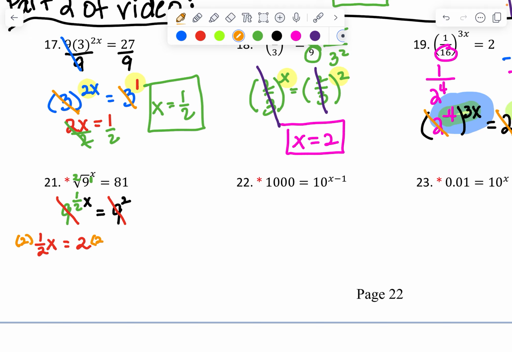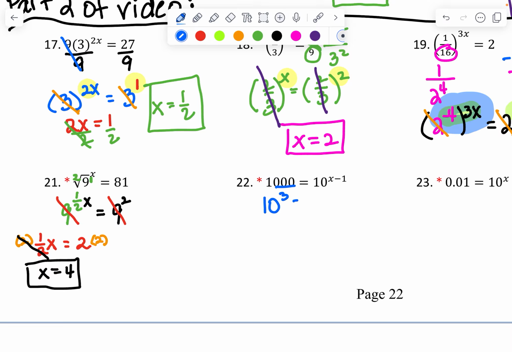This one looks a little scary, but this is the tens place, this is the hundreds place, so technically that is 1 over 100. Well, we don't want that crazy fraction, so we don't want to change that to a fraction. So really, 1 over 100 is 1 over 10 squared.